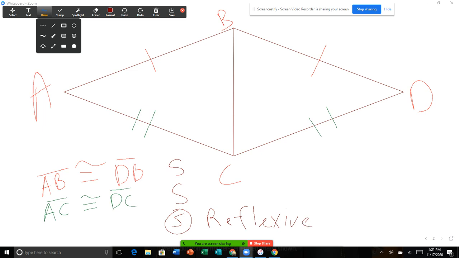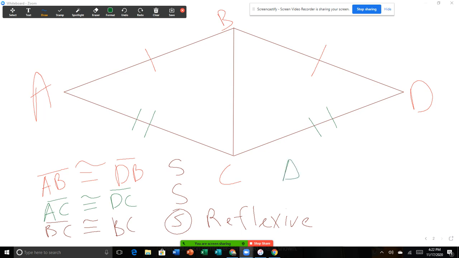And that means when I use this reflexive property, I'm going to say that BC is congruent to BC. That's that third missing piece so that I can have side. And with this situation, because I have side, I can now say that triangle ABC is congruent to triangle DBC. And that is how you do side, side, side.